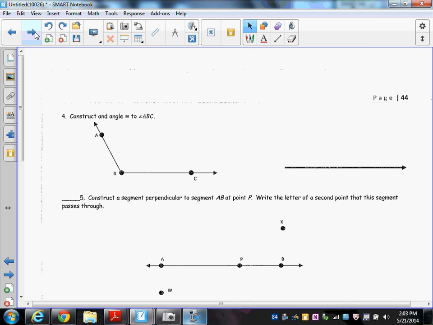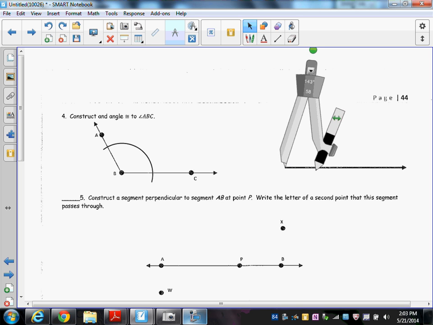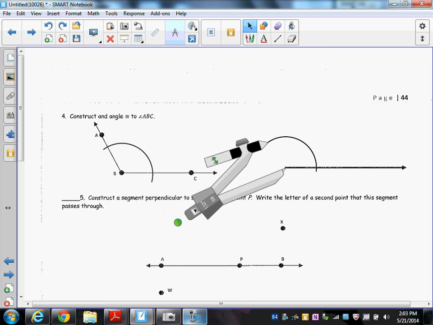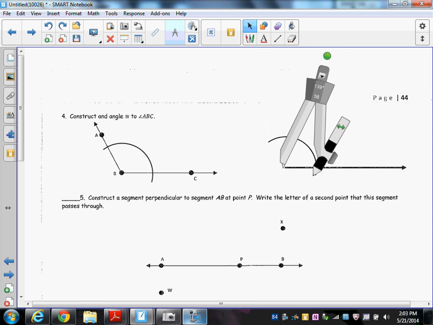On the next page, we need to construct an angle congruent to angle ABC. So again, I'll get the compass out. The construction for making an angle congruent is that I take an arc through both lines, and I do the same exact thing on this point over here. I use the same exact compass setting.